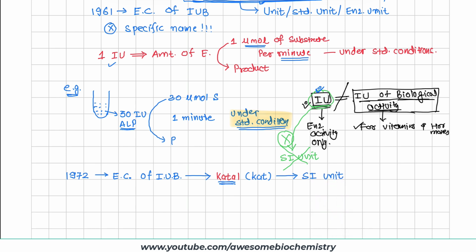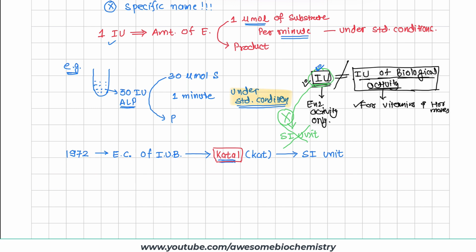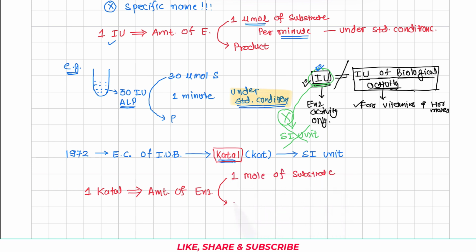Now let's look at the definition of Katal and compare it with the definition of international unit. One Katal is defined as the amount of enzyme that catalyzes the transformation of 1 mole of substrate to product per second under standard conditions. Notice the difference with international unit. International unit uses micromoles per minute, whereas Katal uses moles per second.